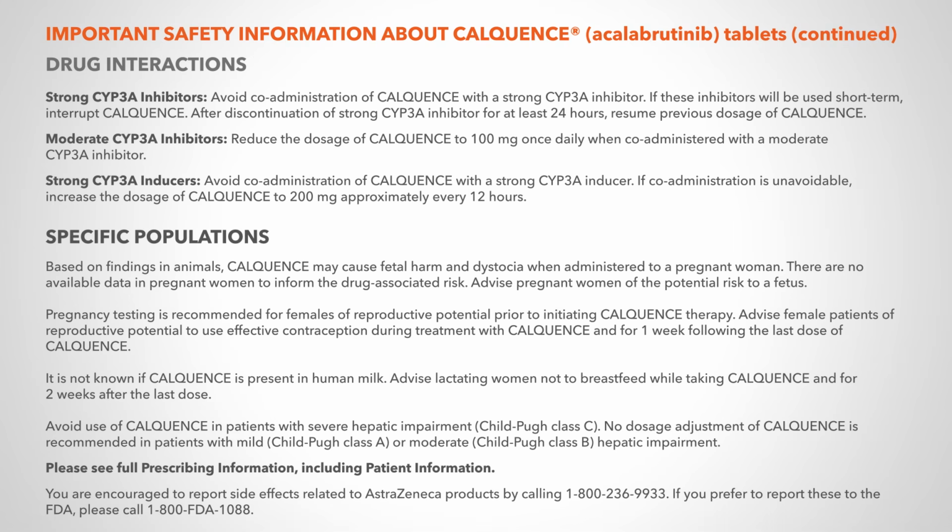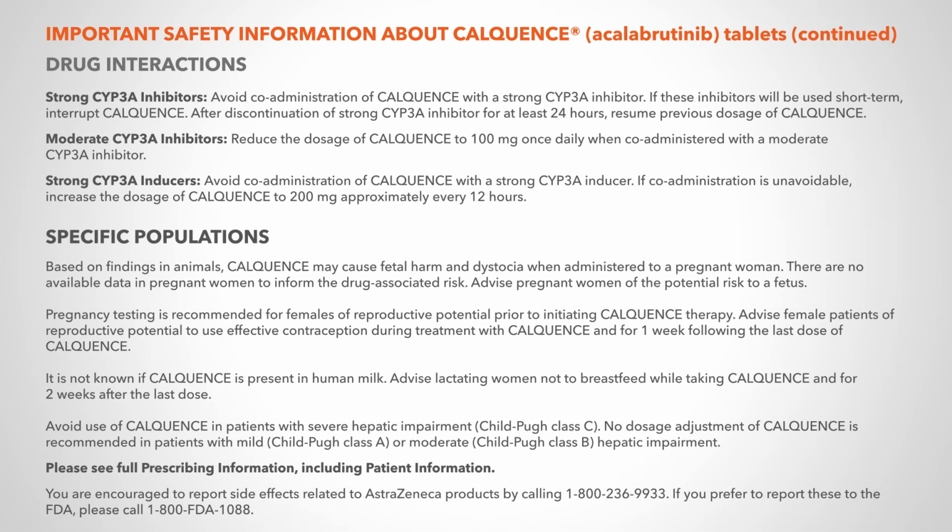Reduce the dosage of CALQUENCE to 100 milligrams once daily when co-administered with a moderate CYP3A inhibitor. Strong CYP3A inducers. Avoid co-administration of CALQUENCE with a strong CYP3A inducer. If co-administration is unavoidable, increase the dosage of CALQUENCE to 200 milligrams approximately every 12 hours.